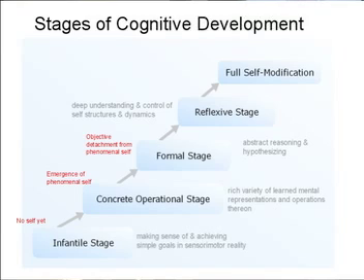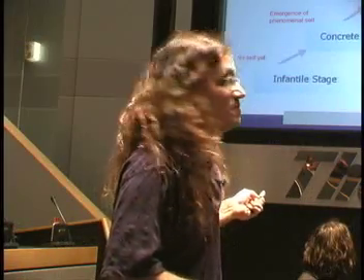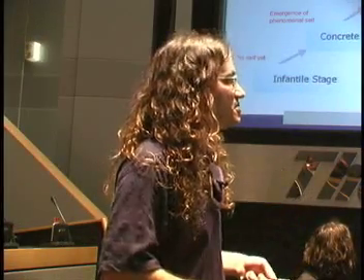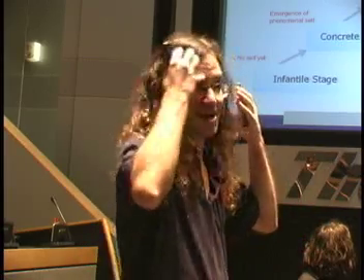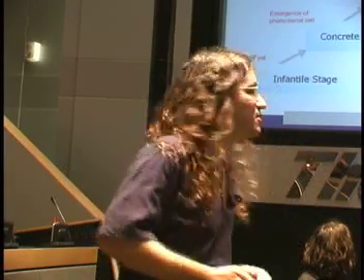Finally, formal abstraction, where the system can control its logical operations in a way that's guided by its own experience and is effective at learning complex things. And ultimately, you get to a stage where the system can understand and control all its own structures and dynamics and self-modify in a way that human beings are not fully able to, because we lack that full introspection and control over our own mind states.